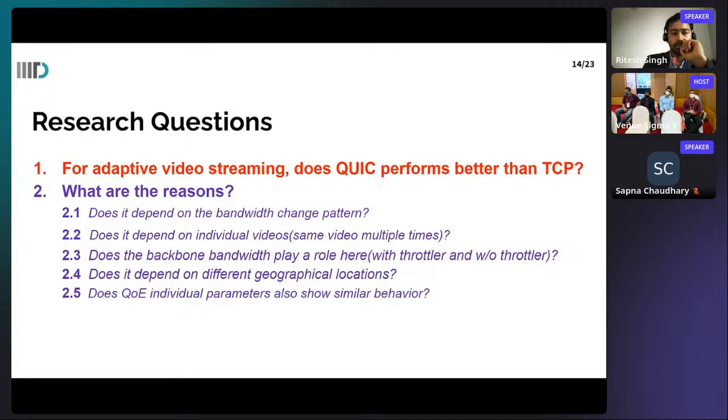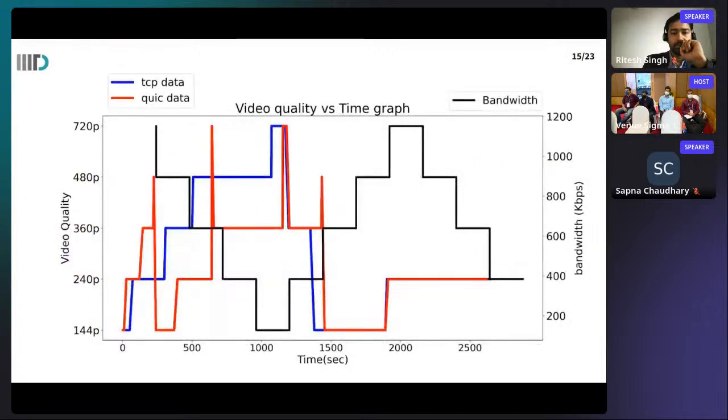Now, to do the performance comparison, we have formulated certain research questions. The first one is: for adaptive video streaming, does QUIC perform better than TCP? For this, we draw a video quality versus time graph, where the x-axis is time in seconds, the left y-axis is video quality ranging from 144p to 720p, and the right y-axis is the bandwidth in kbps, which starts from 1152 kbps and goes down to 128 kbps.